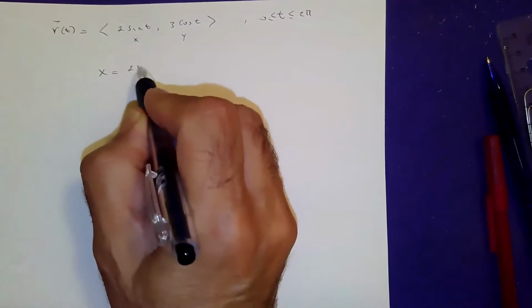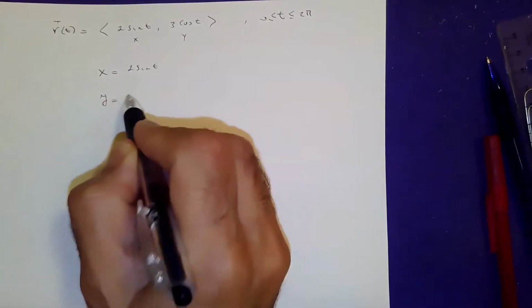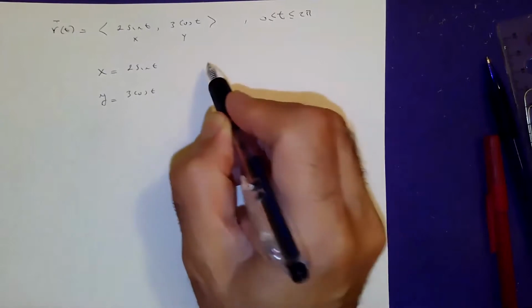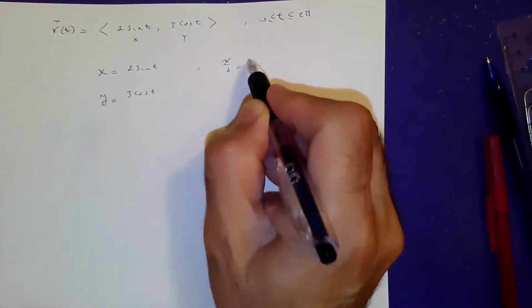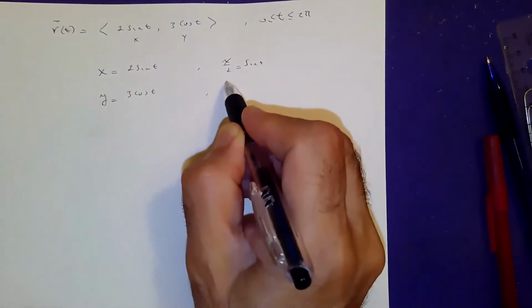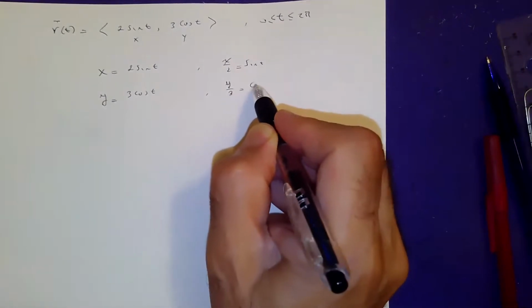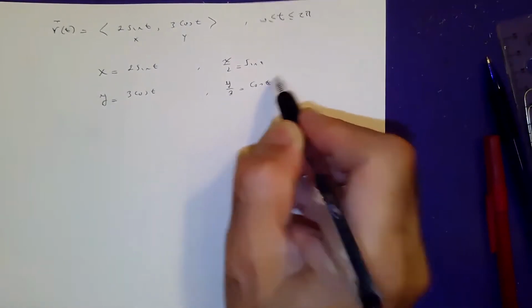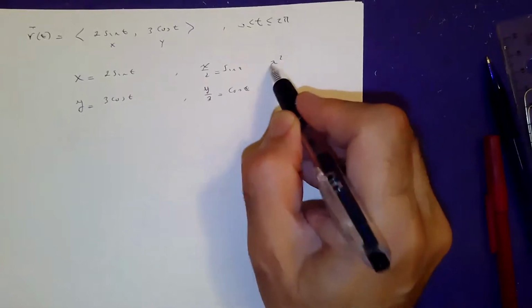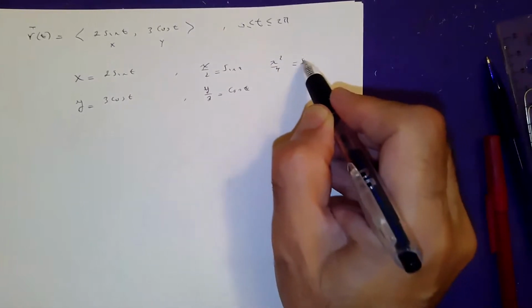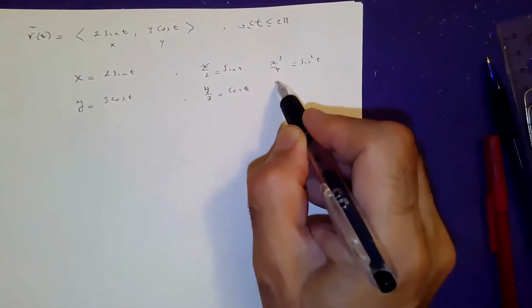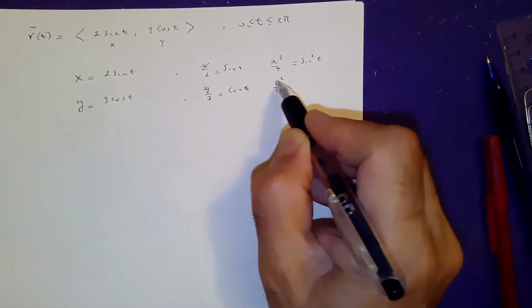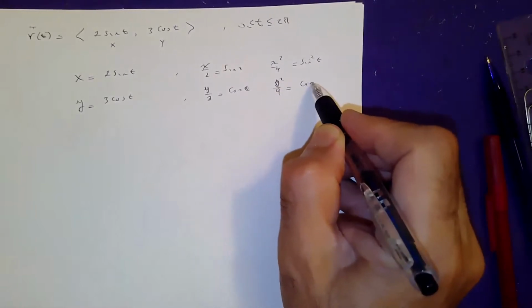So x is equal to 2 sine of t, y is equal to 3 cosine of t. Divide both sides of this equation by 2, and divide both sides of this equation by 3. Now square. So you get x squared over 4 equals sine squared, and then y squared over 9 equals cosine squared.